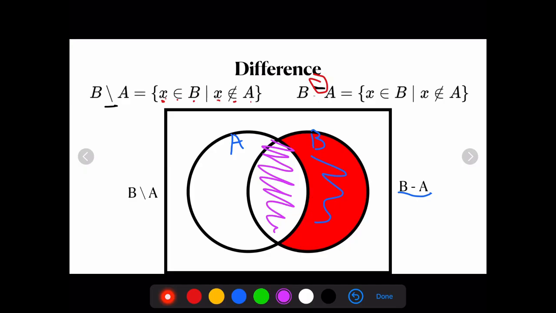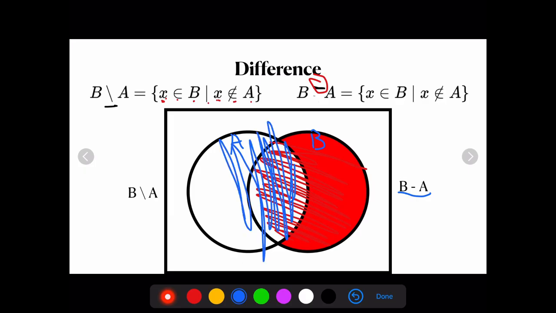So that's B minus A. It's this set B. Originally, that set B was everything in here, right? But then we cut out all the stuff that's in A. And so that means that we're left with that stuff over there. Okay.